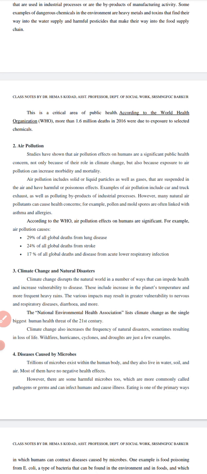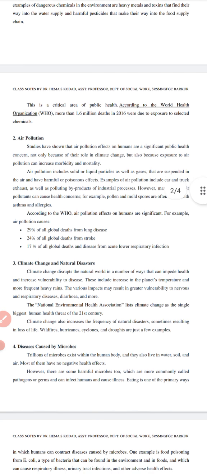Morbidity is the number of people suffering from any disease, and mortality is the number of deaths that occur in a particular period. The rate of morbidity would be the number of persons suffering from diseases in that particular area or year, and similarly, the rate of mortality would be the number of deaths in the particular year. So, air pollution does impact the rate of morbidity and rate of mortality.